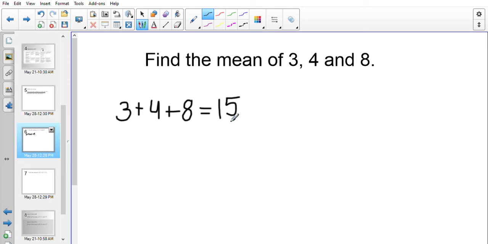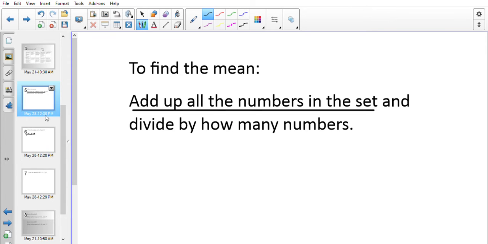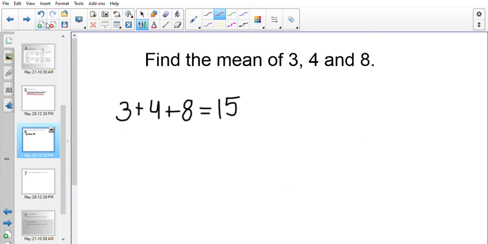That's not the mean, right? Because what we have to do next is divide by how many numbers there are. Okay, so step 2 is divide by how many numbers there are. So, this is going to be step 1. We added all the numbers, 15.